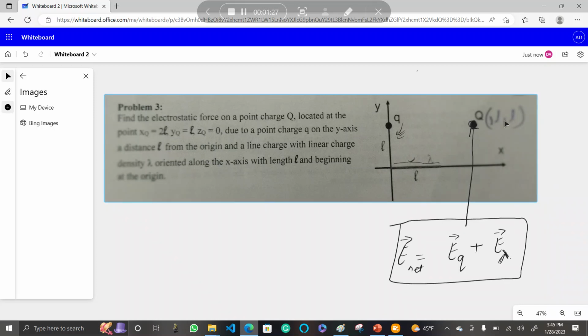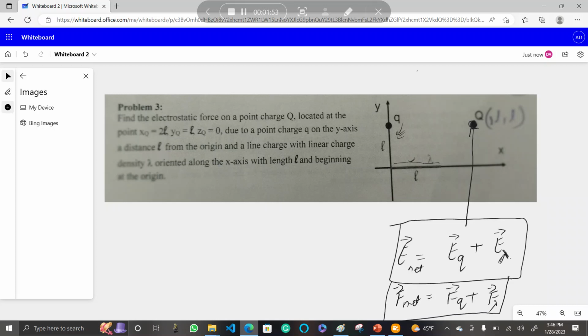And to calculate the force, we can similarly use the net force, which also equals the force because of the q charge plus the force because of the lambda charge distribution.